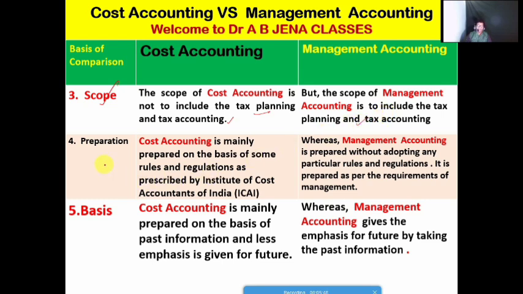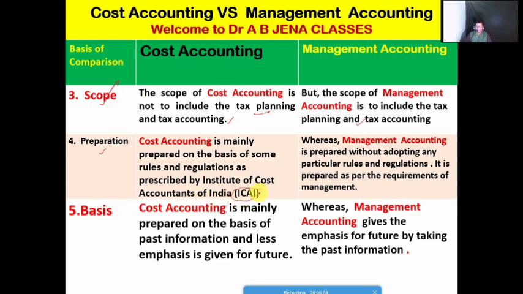The next basis of comparison is preparation. Cost accounting is mainly prepared on the basis of some rules and regulations as prescribed by the Institute of Cost Accountants of India.